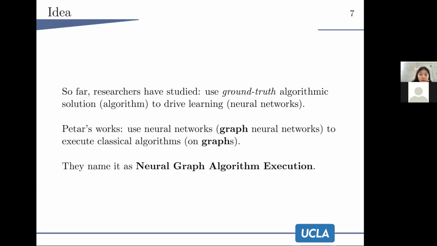So far, researchers have studied a lot on using the ground truth algorithm solution to drive learning, that is, applying the algorithm to the neural network side. The authors' works use neural networks, typically graph neural networks, to execute classical algorithms.